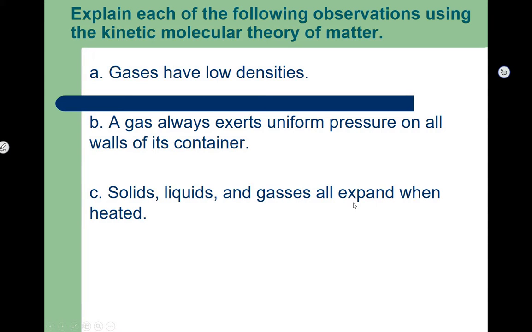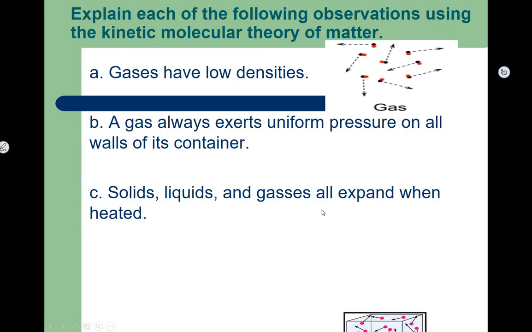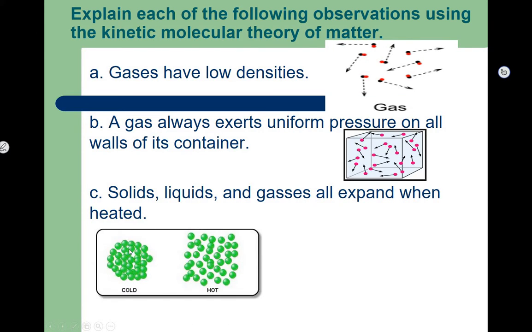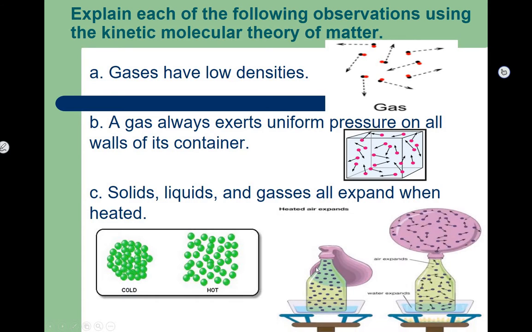Solids, liquids, and gases all expand when heated. So as we're looking at them, even when it's cold, if I heat something that's cold, it's going to start getting more excited. If I take a bottle of air and I just attach a balloon that hasn't been blown up, if I heat that bottle up, that balloon will blow up.